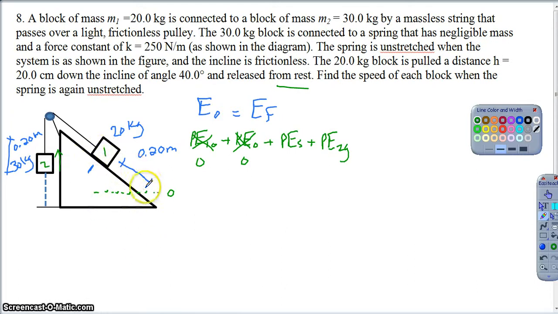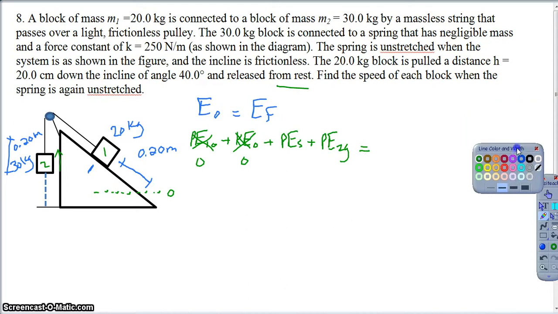I've defined this height as 0 from where it's been stretched to, but with respect to the spring over here, that one has been displaced upward, so I define that potential energy due to gravity separately. So these are the energies that I start with: the spring potential and the gravitational potential. Hopefully you're okay with that.